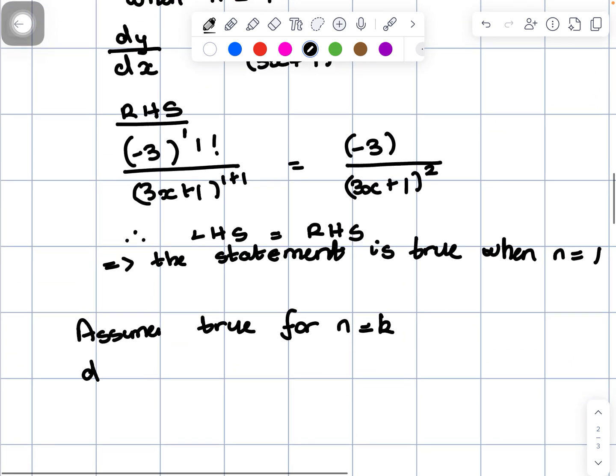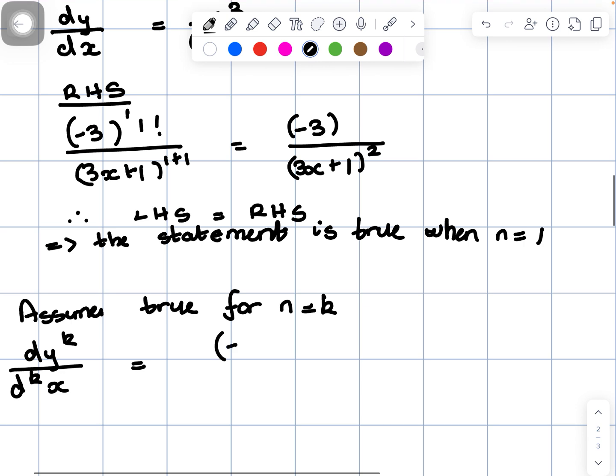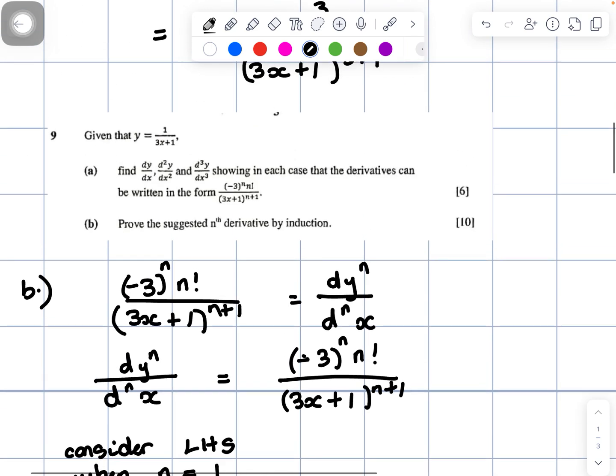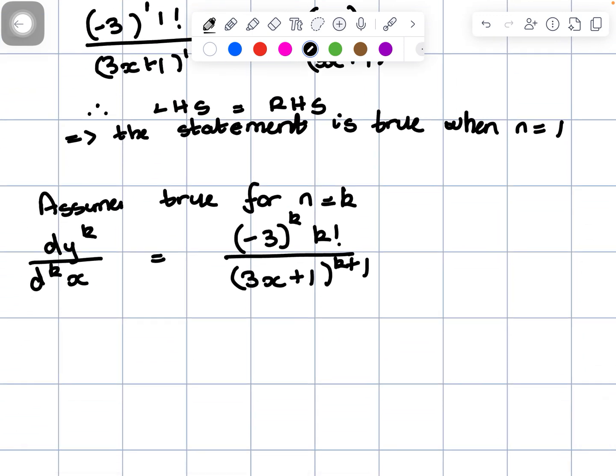So d^k y over dx^k is equal to minus 3 to the power k factorial over 3x plus 1 to the power k plus 1. Let me just check if that's the given form. Yes, that's it.